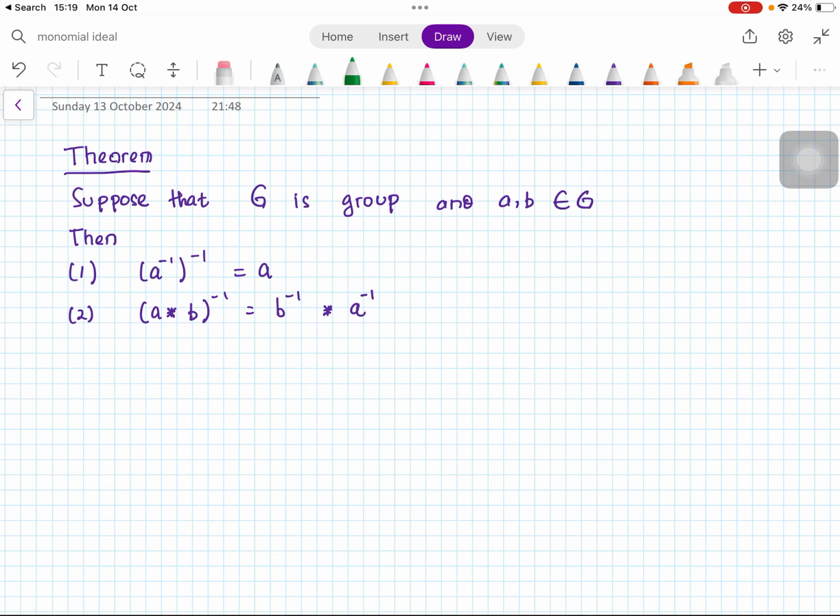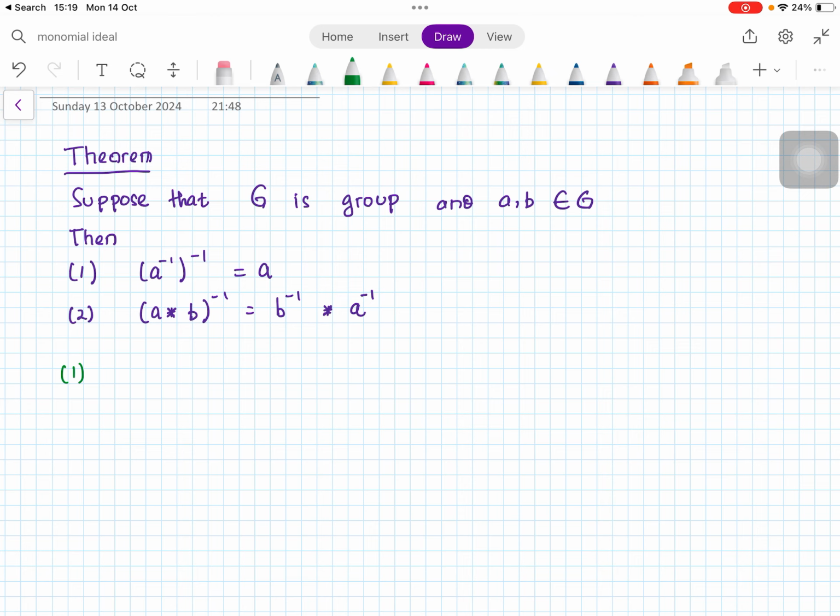Because G is a group, every element of G has an inverse.